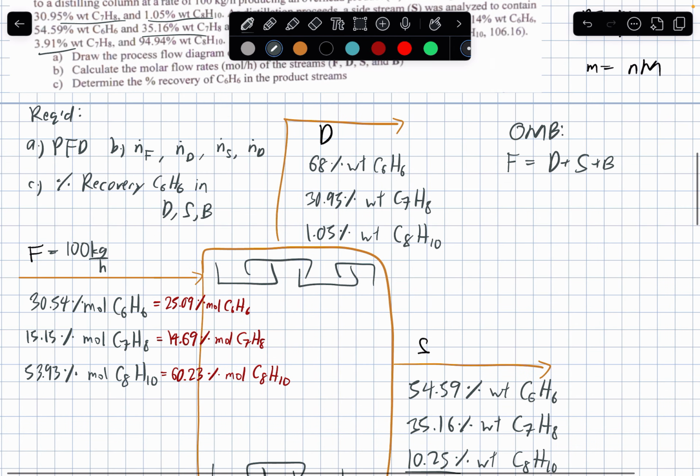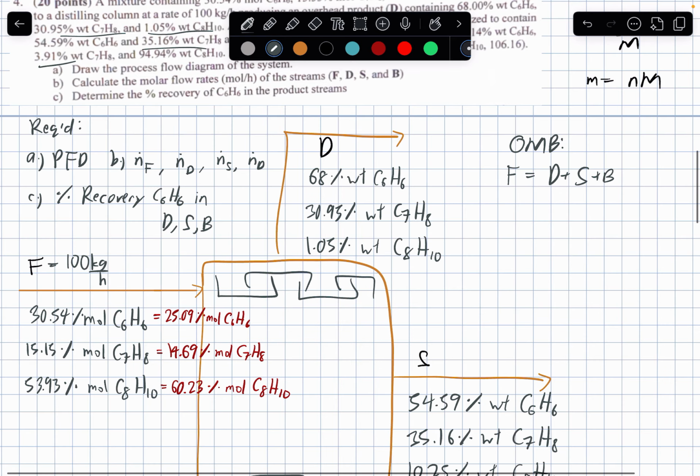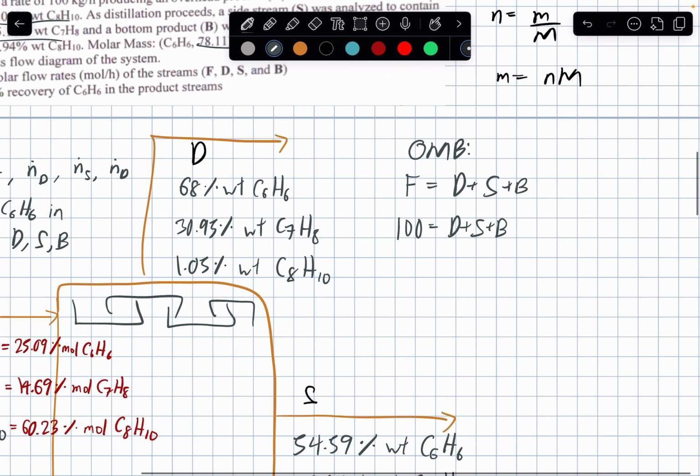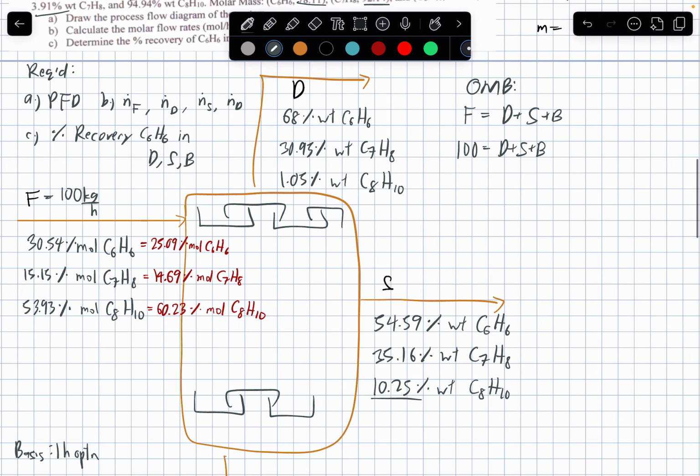So, F is 100. We need two more equations so that we can input them in the calculator to find D, S, and B. So simultaneous linear equations in three variables.